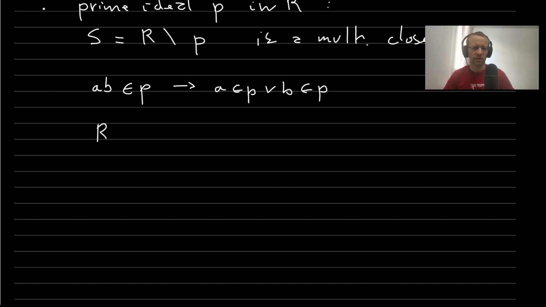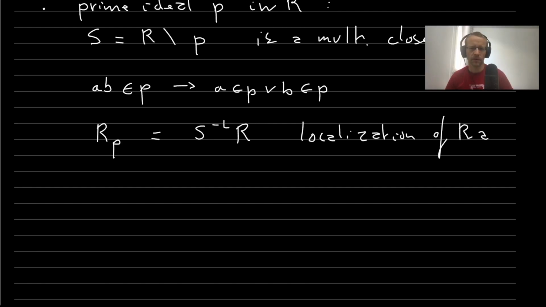And we call R_P, which is S^{-1}R, the localization of the ring R at P. And it turns out that a lot of the properties of the ring R can be coded in its local properties.